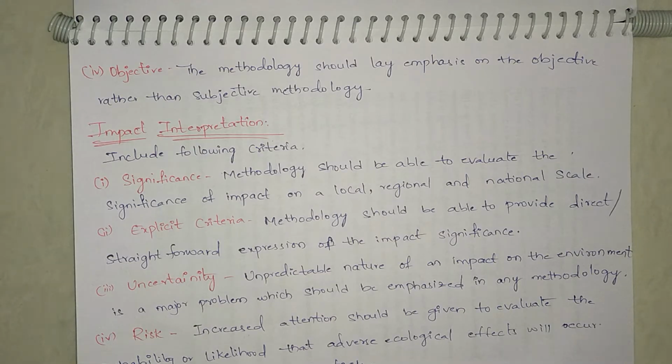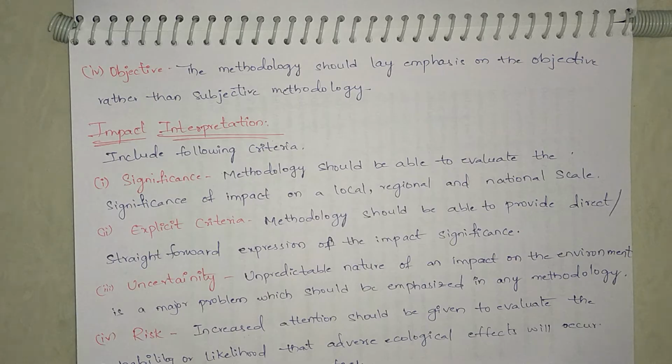Here the objective is that you should select the methodology in the next step such that it provides practical experience or practical results rather than subjective results. We know this, right?